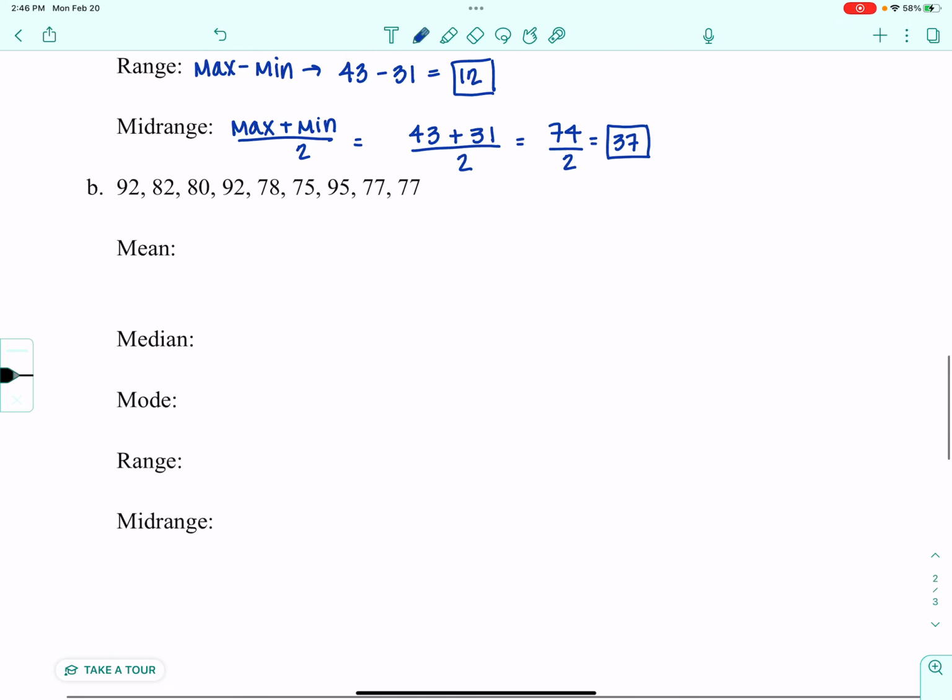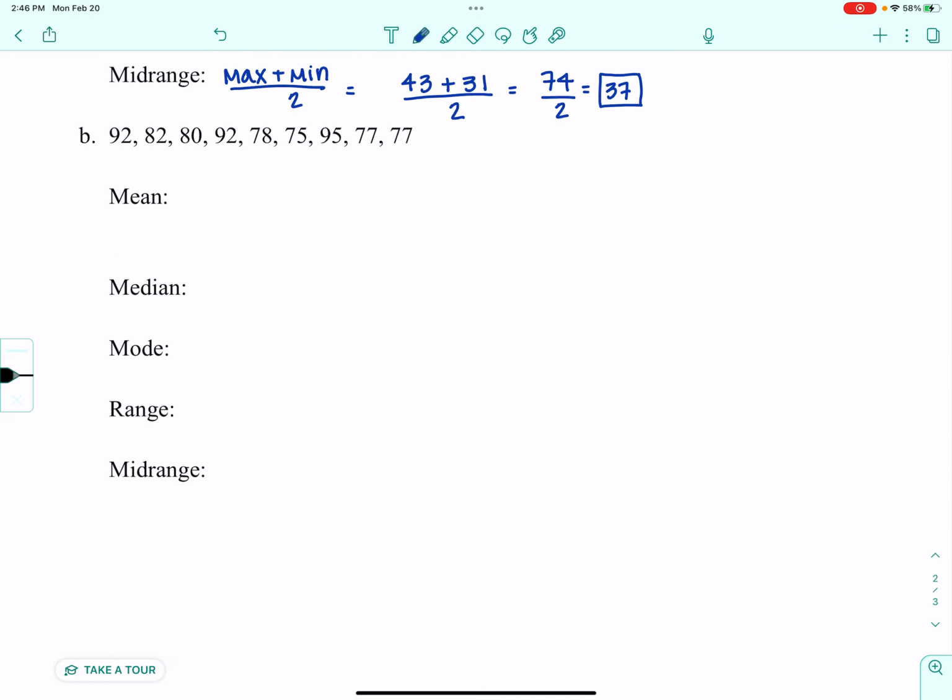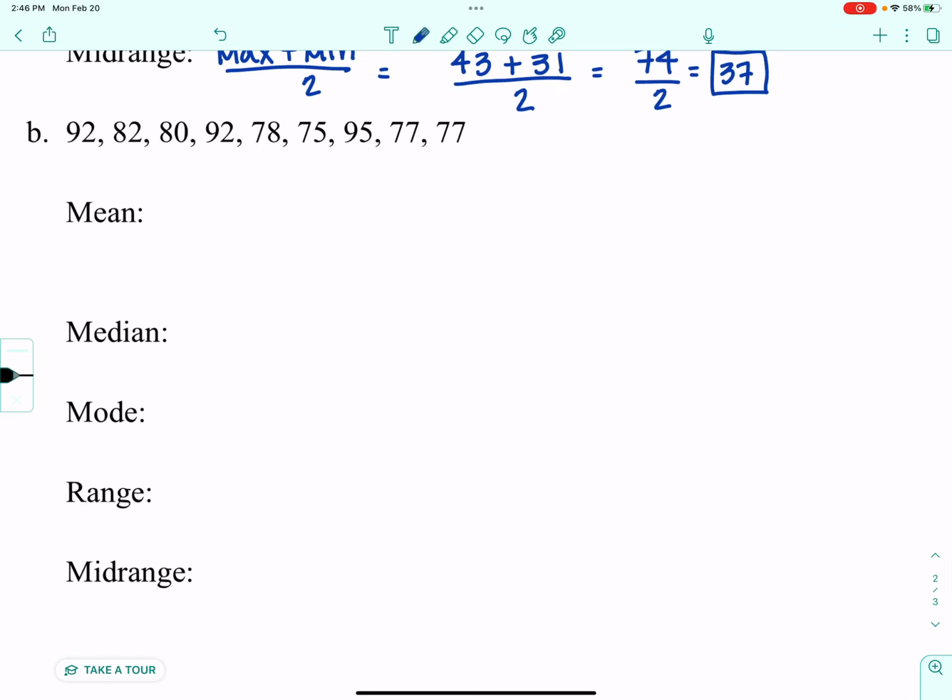Here's another set we'll take a look at for mean, median, mode, and range, and mid-range. Same idea. We're going to add everything up.